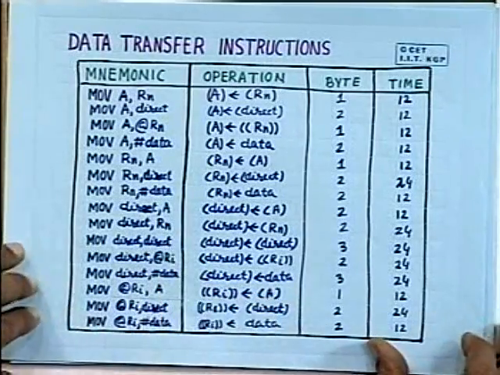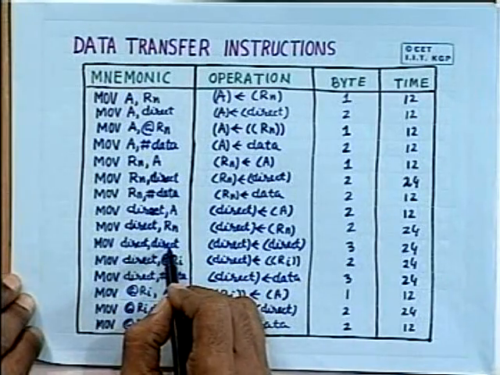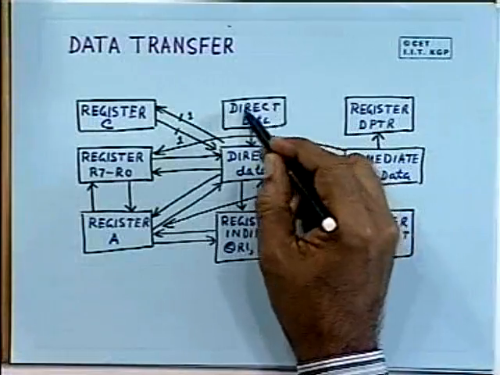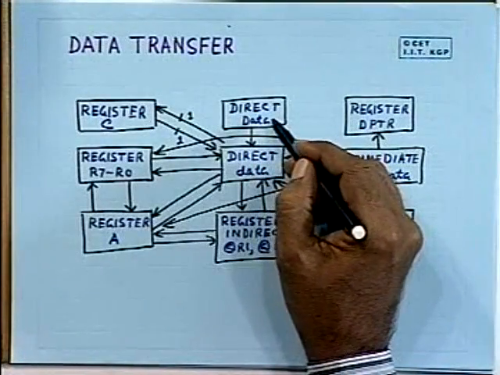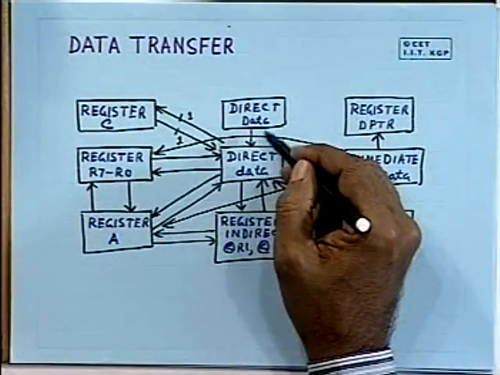And also you can do another interesting thing, direct data to direct data. That is what is shown here. So from any internal RAM location to another internal RAM location, you can do that data transfer.